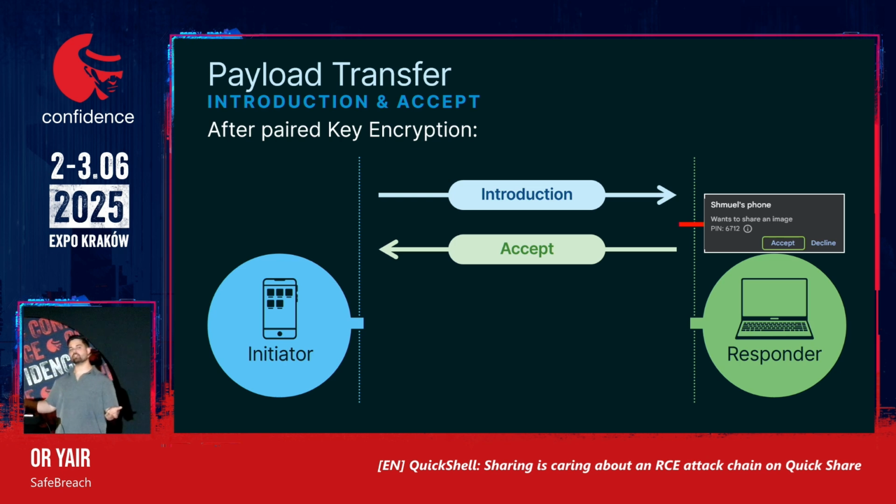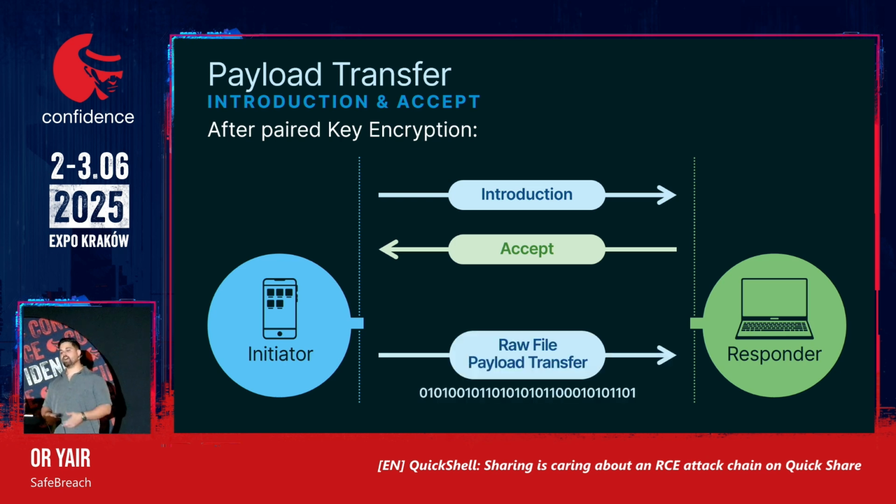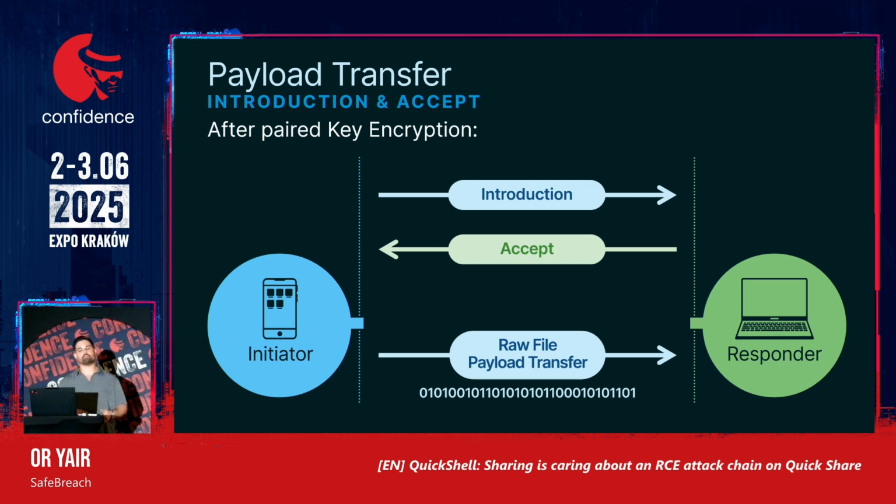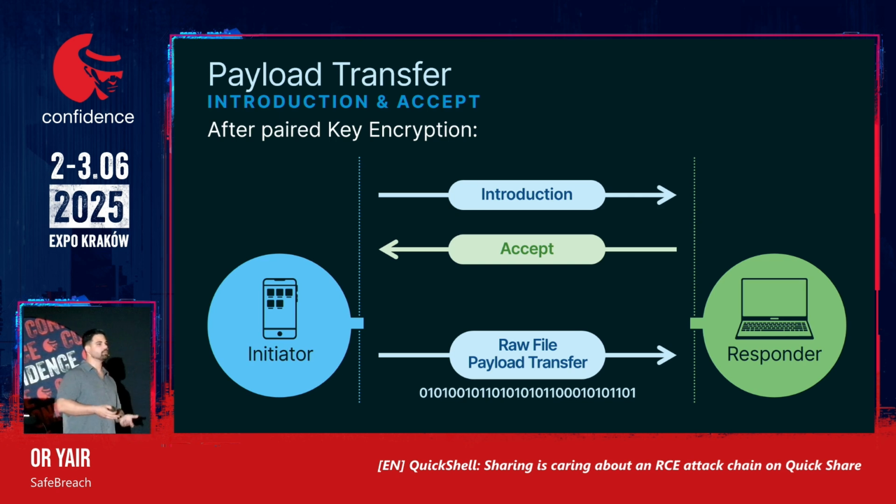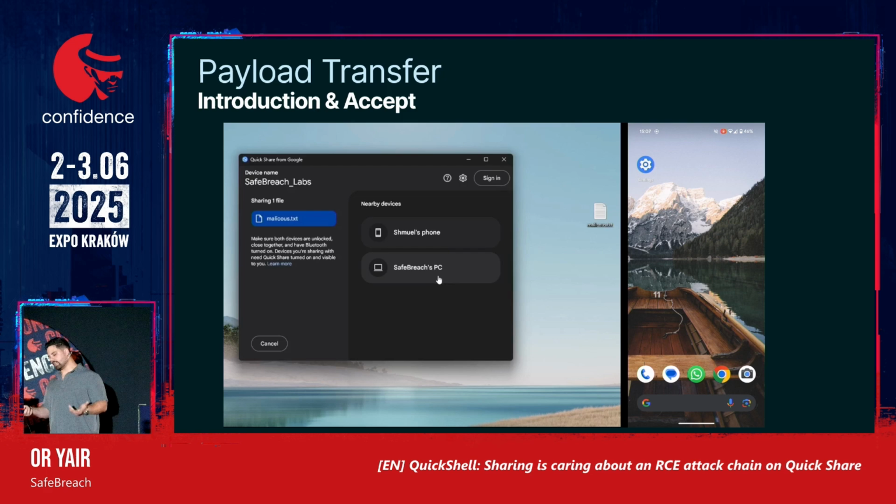The initiator knows that they can now send the file, and they send the actual raw file over a payload transfer packet. So now we understand pretty much the basics of how the protocol looks from a network perspective.